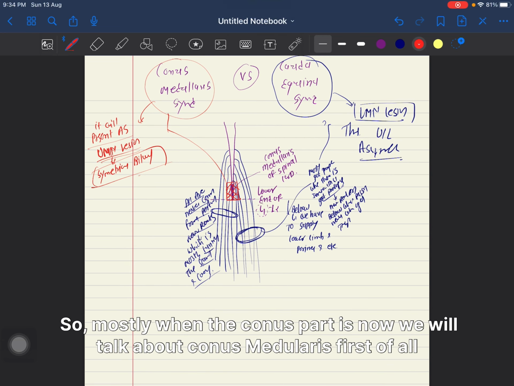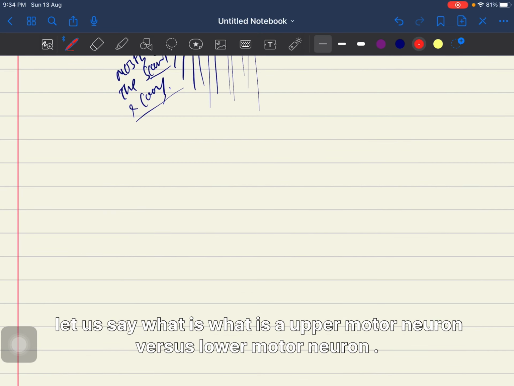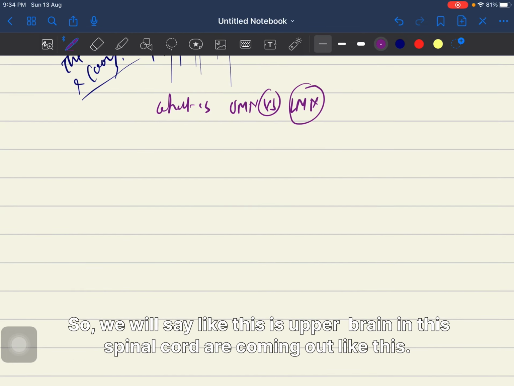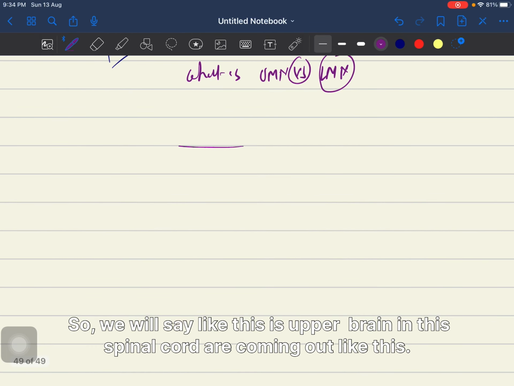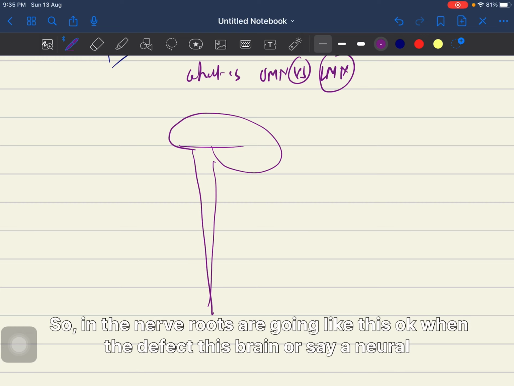So now we will talk about conus medullaris. First of all, let's see what upper motor neuron versus lower motor neuron is. We say this is our brain and the spinal cord is coming out like this, and the nerve roots are going like this.